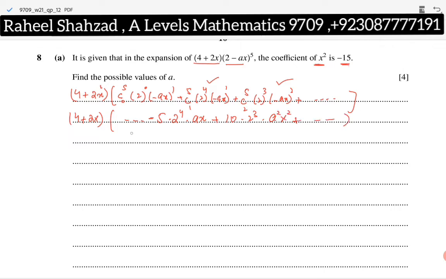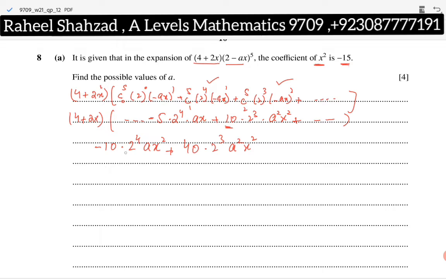You multiply this, it will make minus 10 into 2 power 4 ax square, and plus 4 tens are 40, we are going to multiply this 4 with 10, 40, 2 cube a square x square.